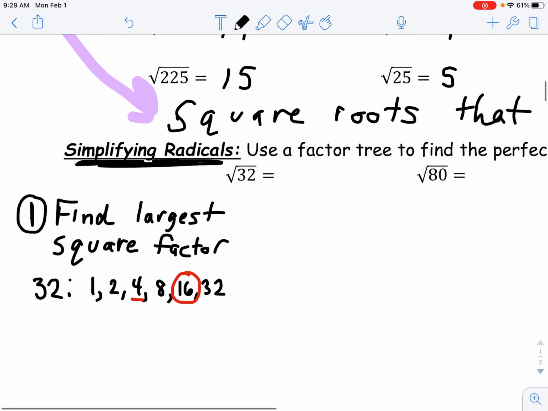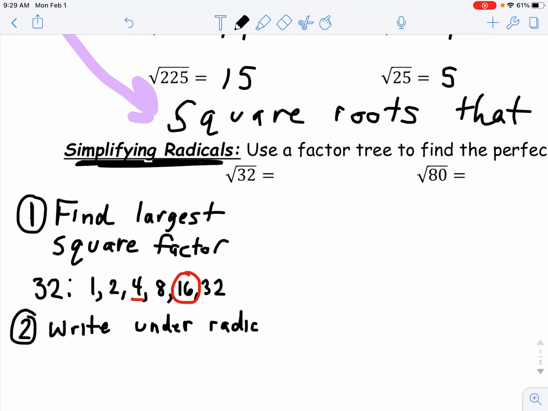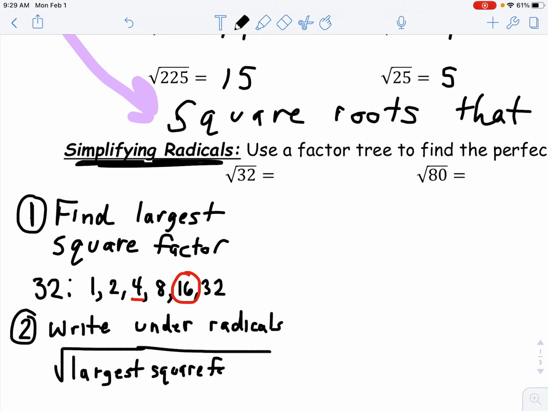Actually, let's write out step 2. Step 2 is write under the radical the largest square factor times the other.